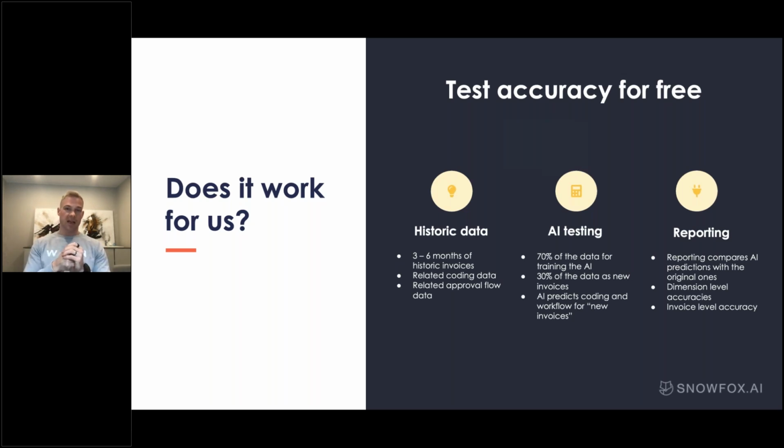So if you implement AI today, tomorrow it will start performing at this level. This is a proof of concept for you, for free, to understand how well AI would be able to start coding and routing your purchase invoices. And this is free of charge, and we're happy to help you with this.